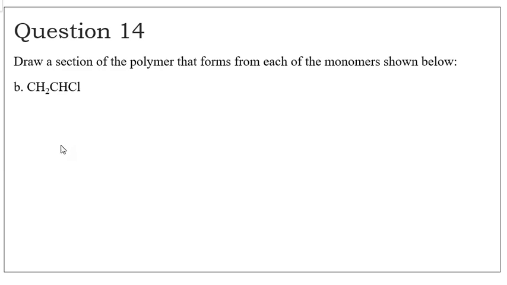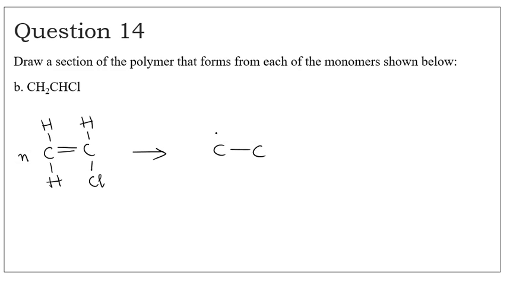So once again, I know that I need to have C, C here. So you have H2, and then you have a H, and then that has to be the chlorine. And in order for this molecule to work, you must have a double bond here. So that's good. Okay.